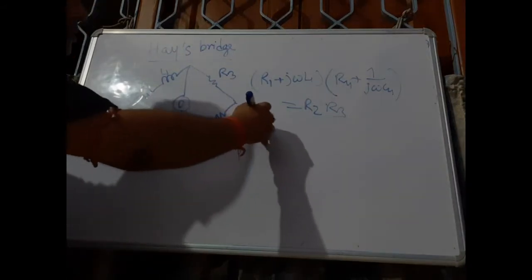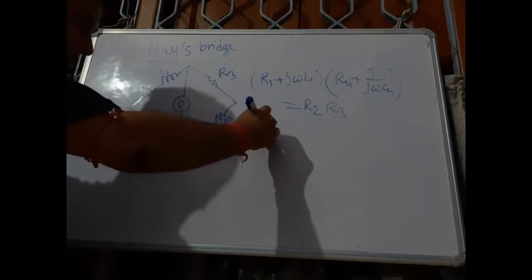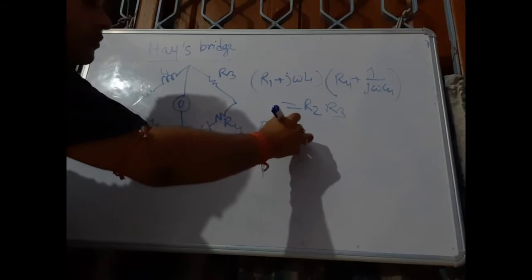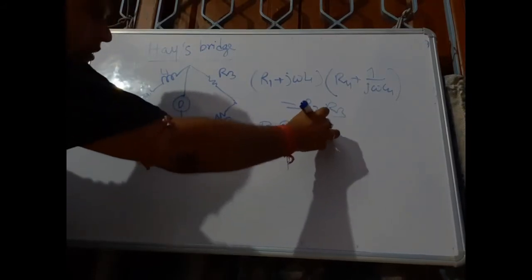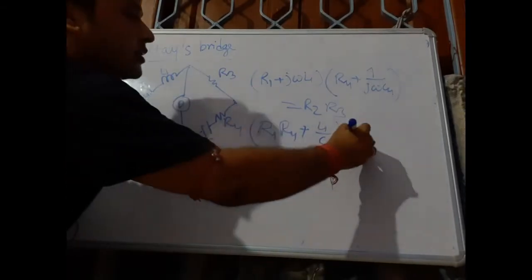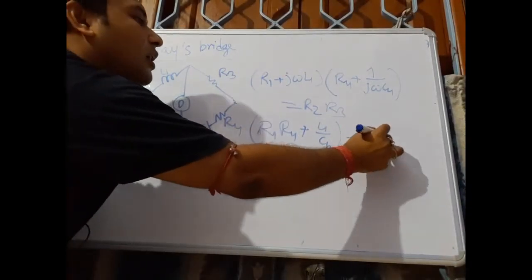We get this expression: R1 R4 plus L1 by C4 is equal to R2 R3.